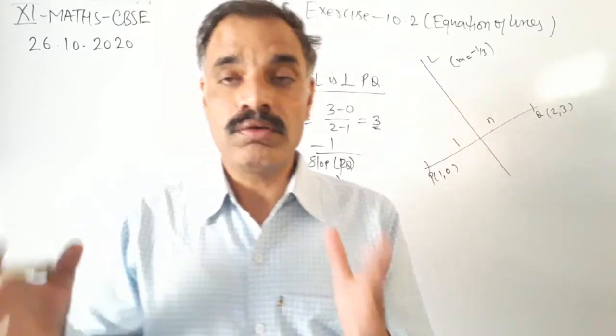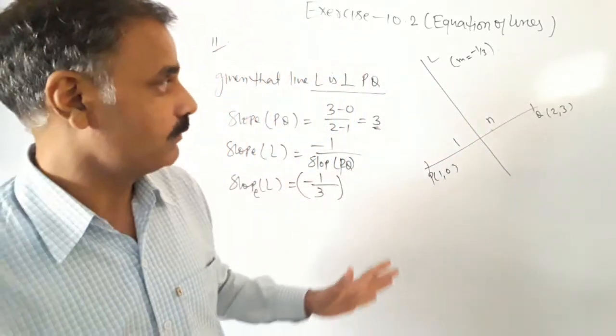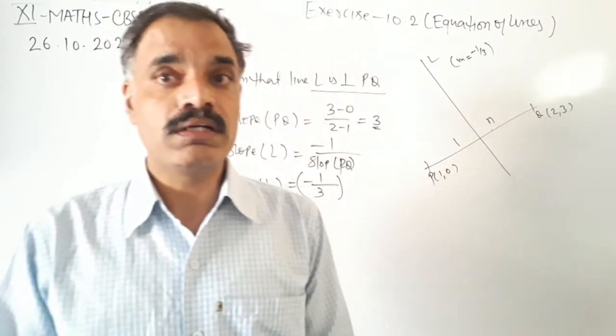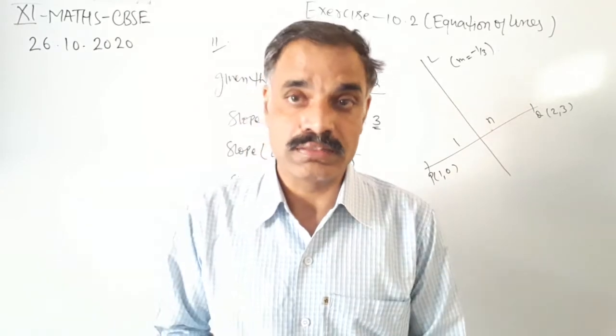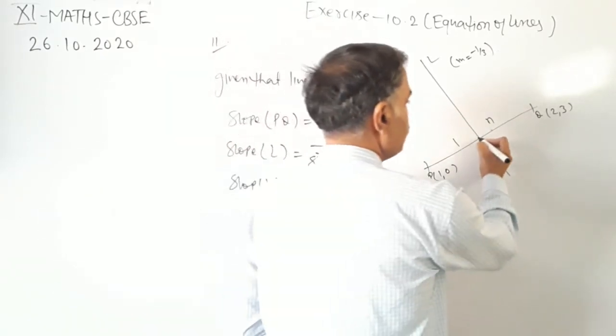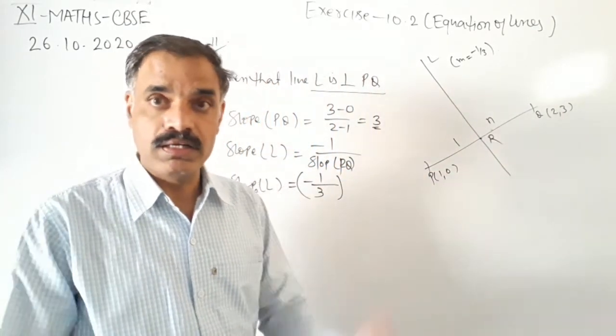So one piece of information we have obtained. Now we have to find one point so that we can find the equation of the line. How will we find that point? That point is R.